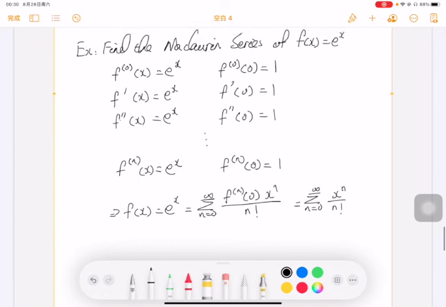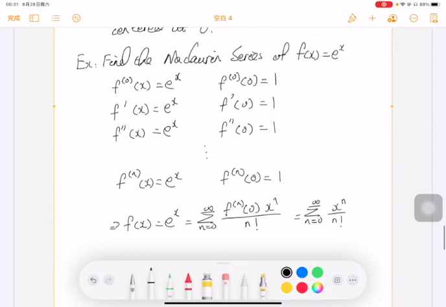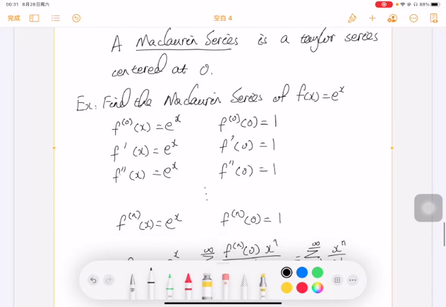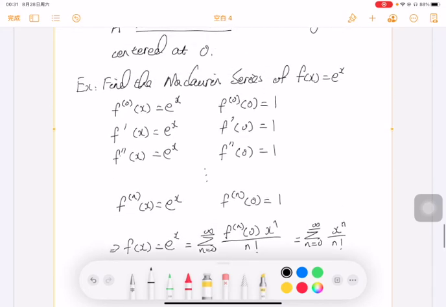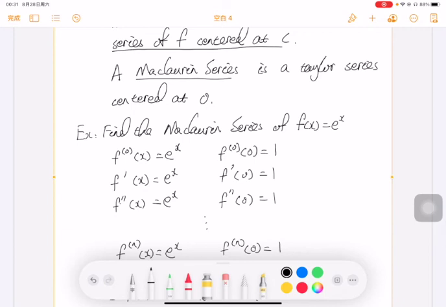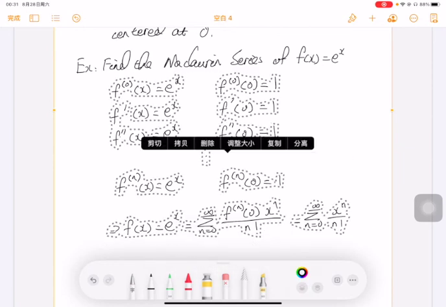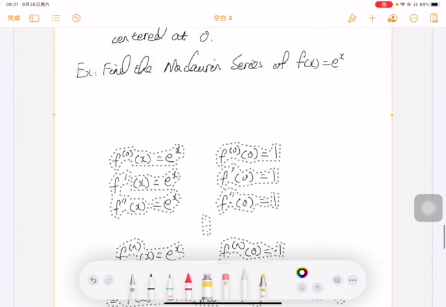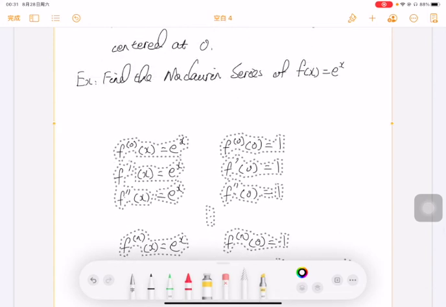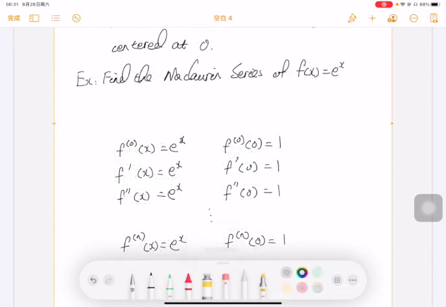And let's also find the radius of convergence for the Maclaurin series.